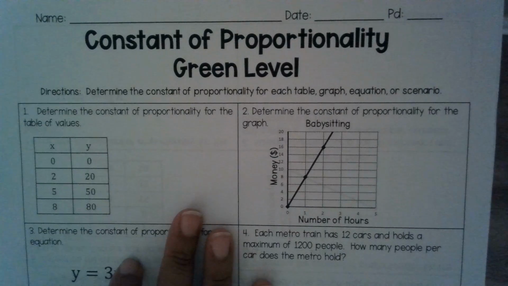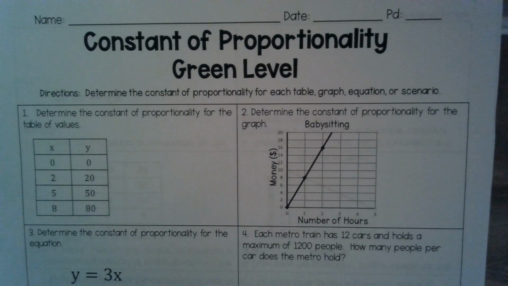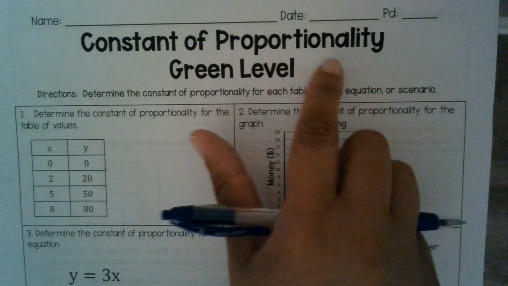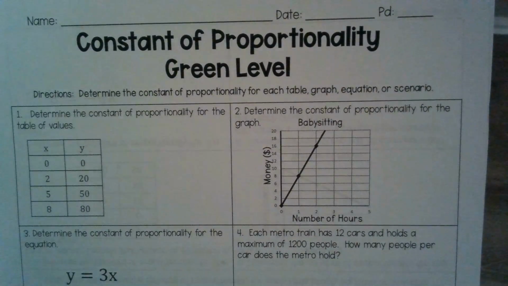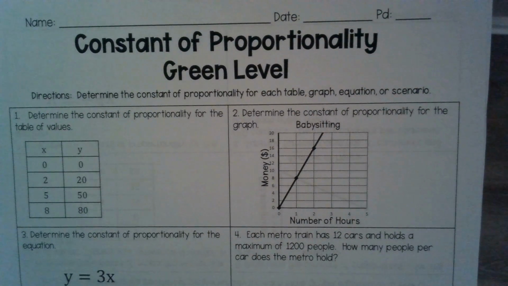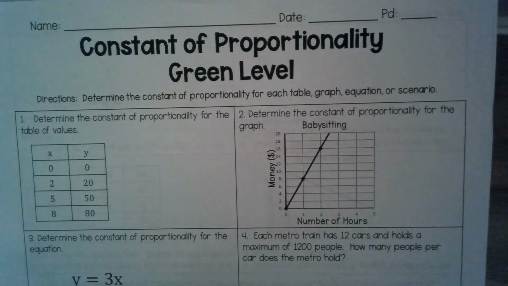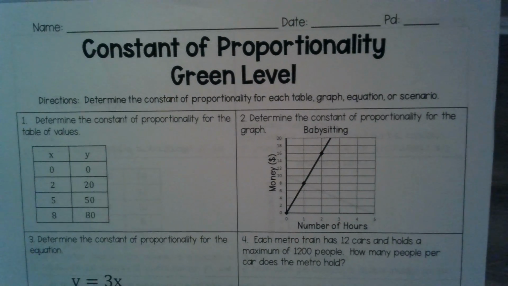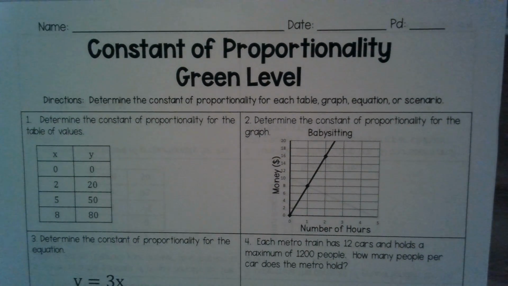This is the second video. This is more of what constant of proportionality means. Now, this unit deals with this magic number and proportional relationships. It does focus on three different types of diagrams or images: usually in a table, in a graph, or in an equation.